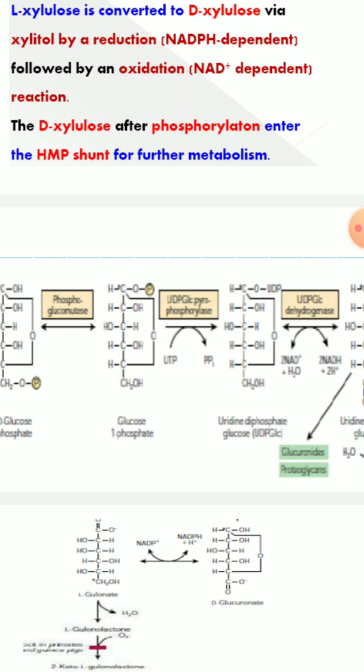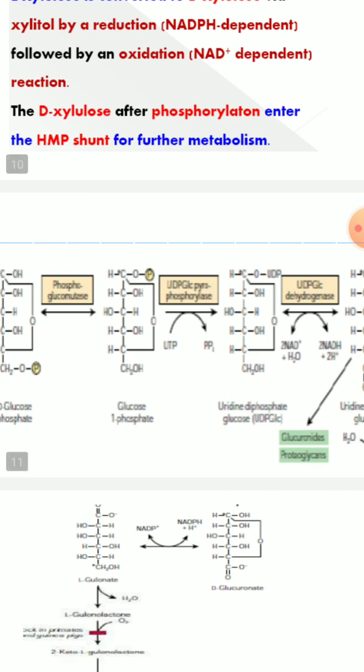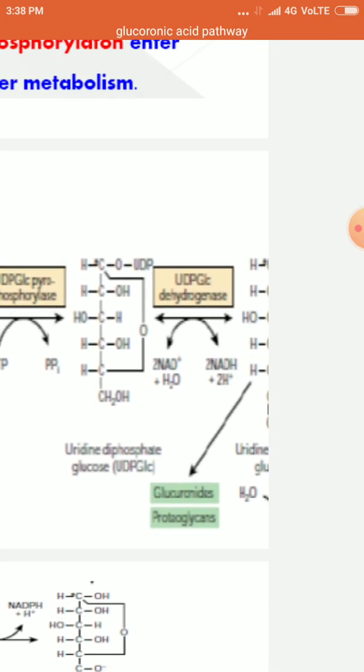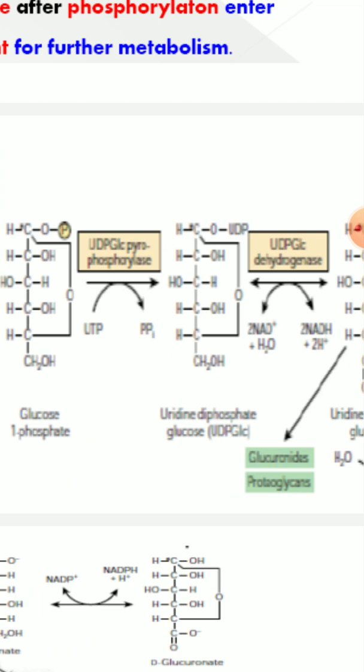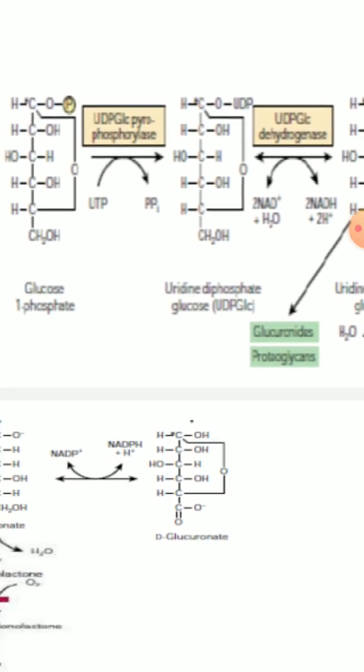You can see here this NAD plus is acting as a cofactor to carry out this dehydrogenation reaction from uridine diphosphate glucose to the formation of uridine diphosphate glucuronate, sorry. This uridine diphosphate glucuronate is going to be involved in the synthesis of glucuronides as well as proteoglycans. Further it undergoes a hydrolysis reaction to form the D-glucuronate molecule.